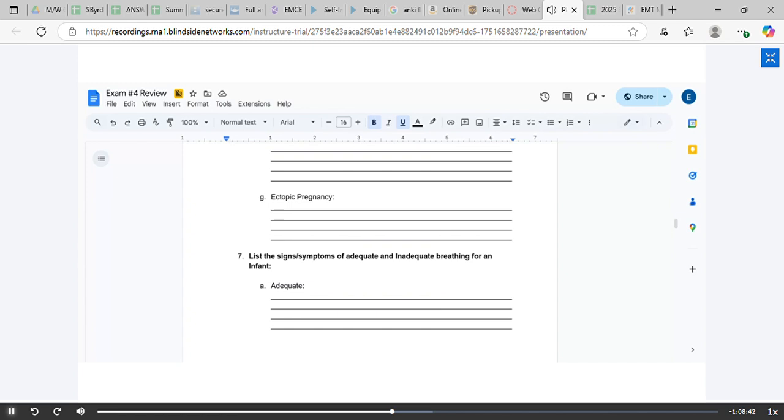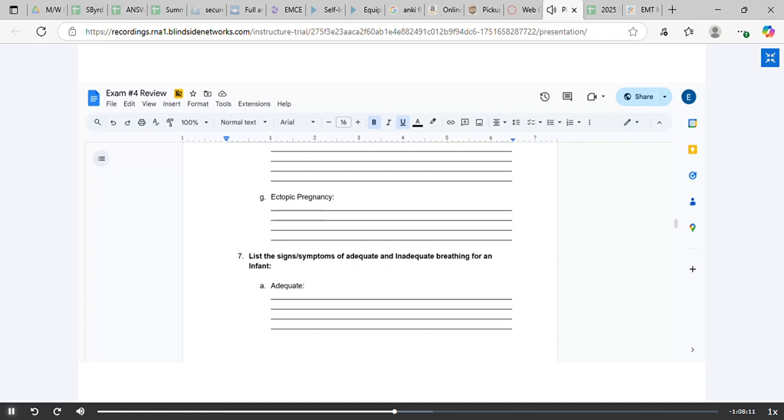Now, another thing to remember is the fetus is directly affected by the mother. And so when the mother is hemorrhaging, if the fetus is still inside, so this is not going to be a post-delivery hemorrhage, this is going to be when she's still pregnant, then that means the fetus is hypoxic and not perfusing very well, right? Because if she's losing blood volume, then her blood volume is being taken away from the fetus.